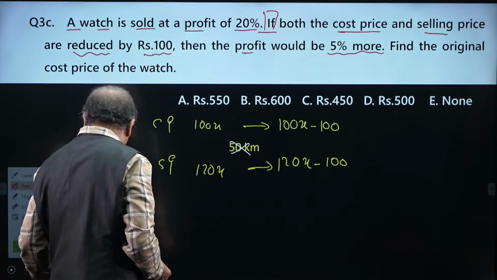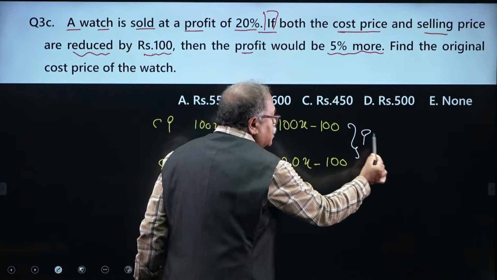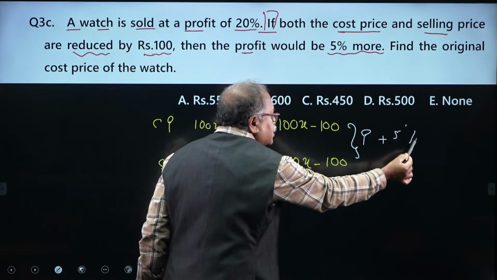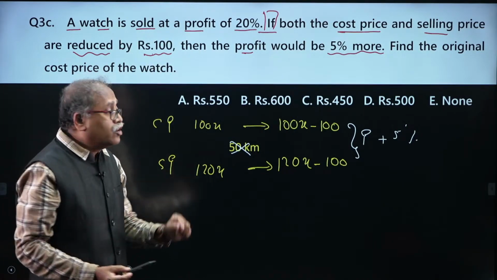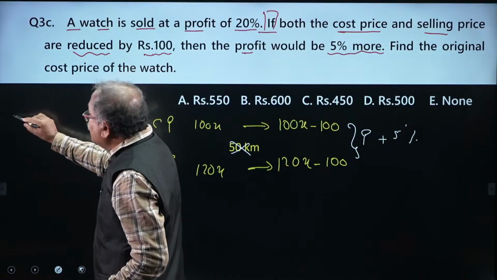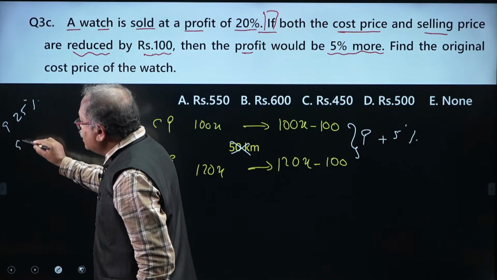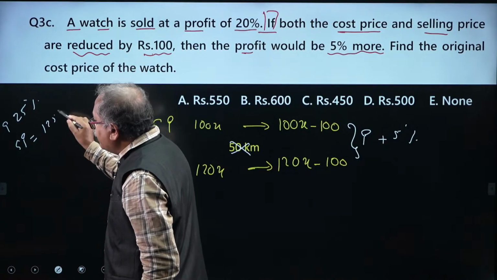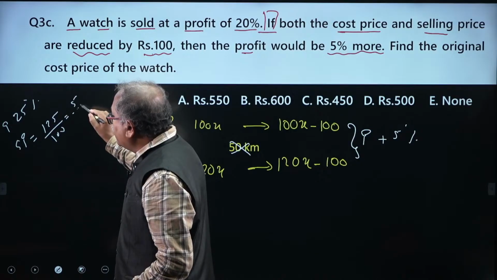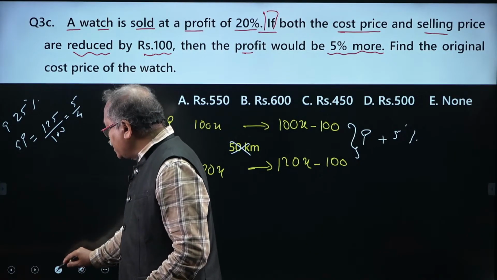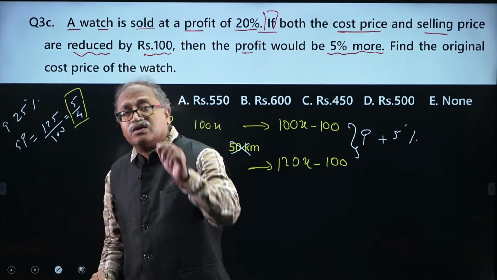In the second case, the profit is increased by 5%. Previously the profit was 20%, and presently the profit is 5% more, that is 25%. That means the selling price is 125% of the cost price, which is nothing but 125 by 100, and that is 5 by 4. So, I am going to use this figure 5 by 4. The selling price is 5/4 of the cost price.